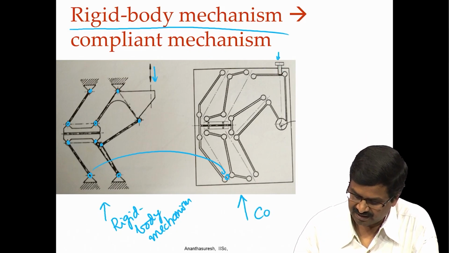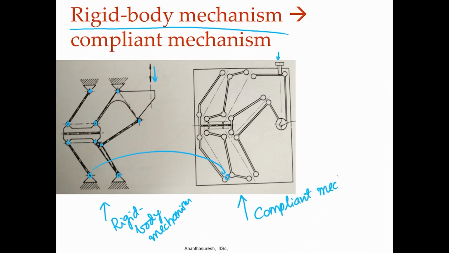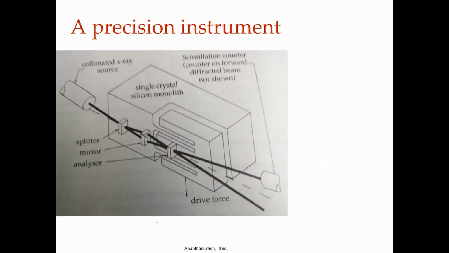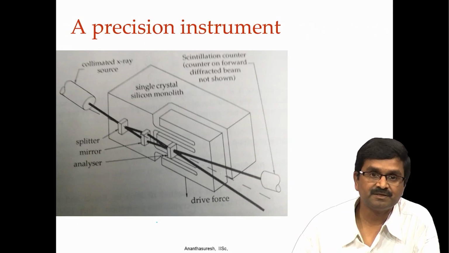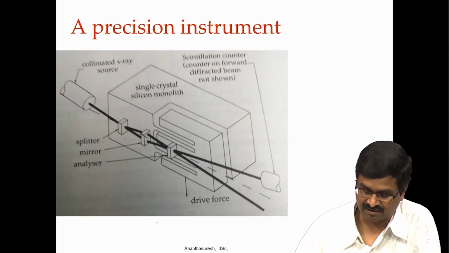So, this is a compliant mechanism with elastic pairs. If you look at this, one would think that it is very easy to design compliant mechanisms, which it is. You take a rigid body mechanism and replace all the joints with elastic pairs, and you get a compliant mechanism.